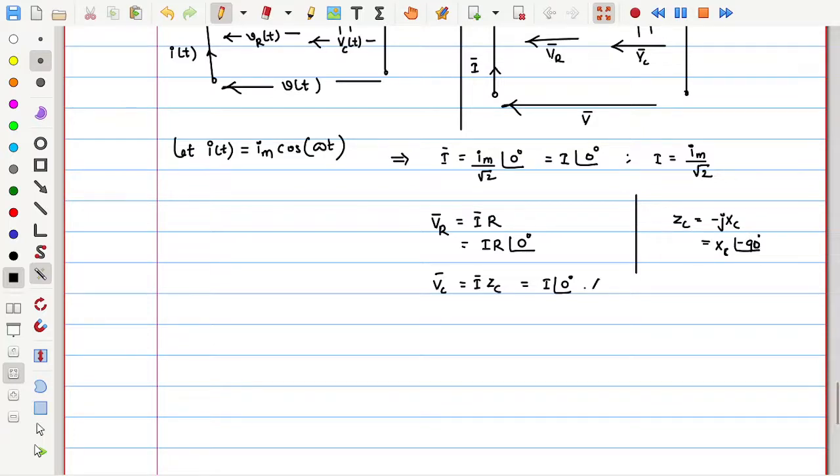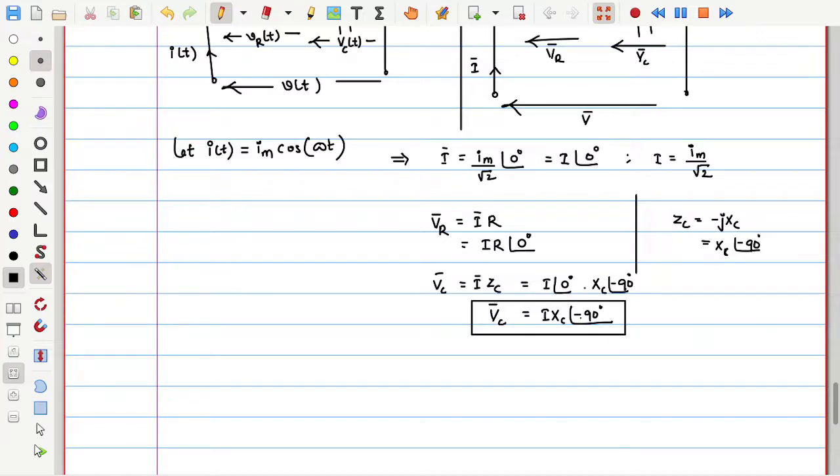So here ZC I will write as XC at an angle of minus 90. So if I will multiply these two numbers, I will get I into XC at an angle of 0 minus 90, which is minus 90 degrees. This is what? Voltage across the capacitor, whose magnitude is current magnitude into capacitive impedance magnitude, XC.